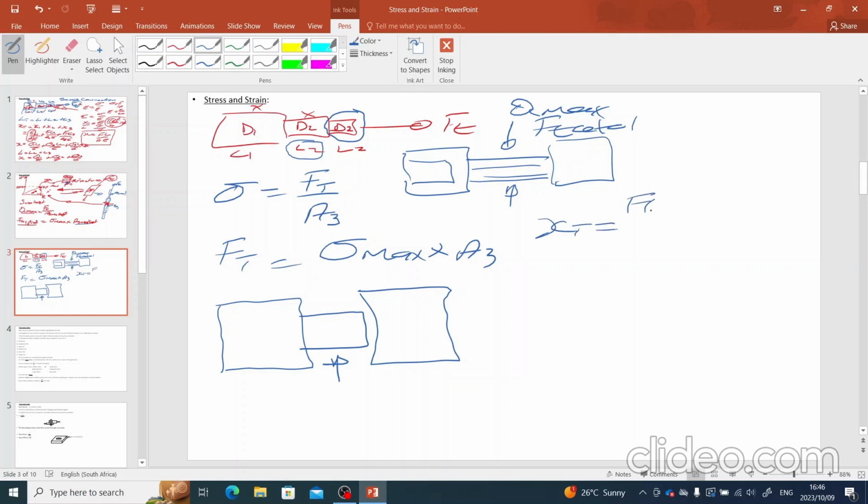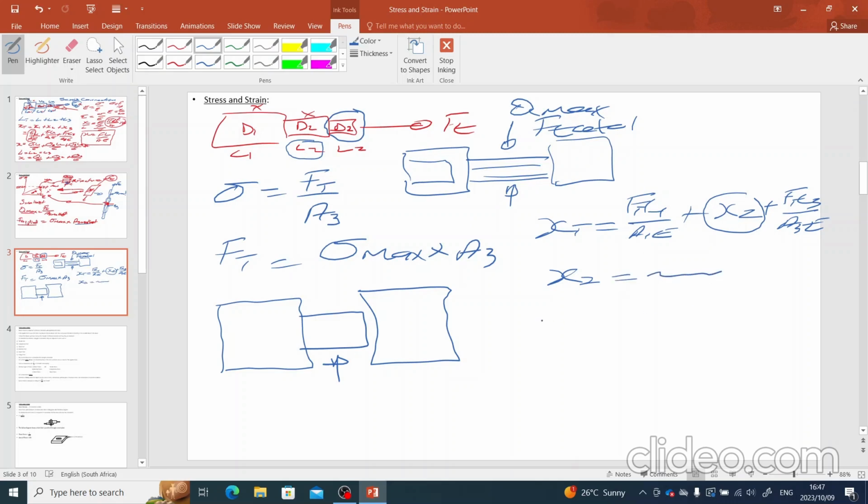Then it will be F total L1 over area 1 Young modulus, plus X2, plus F total L3 over area 3 Young modulus. You will then calculate whatever they want from this change. From here, you make X2 the subject of the formula, and you get the value of X2.